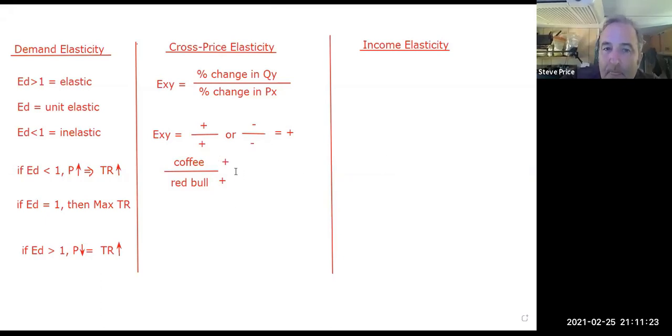Or if the price of Red Bull goes down to free, so zero, and everyone's getting Red Bull for free, no doubt the quantity demanded of coffee will go down. So in other words, these two products are what to one another?